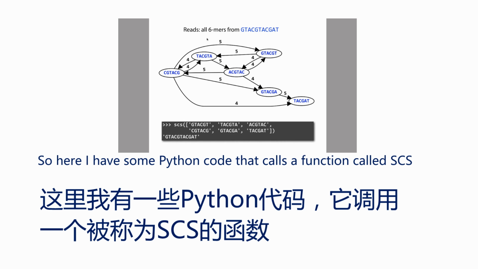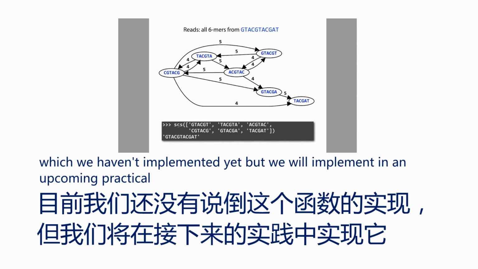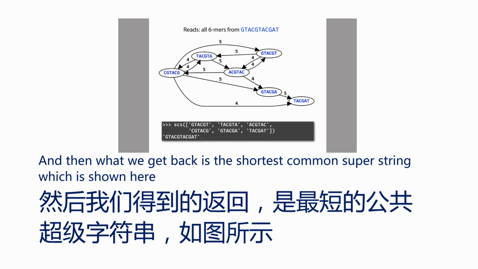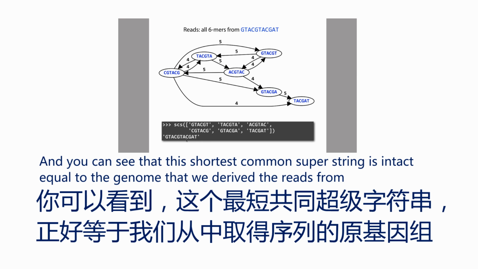Here I have some Python code that calls a function called SCS, which we haven't implemented yet, but we will implement in an upcoming practical. We pass in a Python list of strings, and those strings are the read sequences. Then what we get back is the shortest common superstring, which is shown here. You can see that this shortest common superstring is, in fact, equal to the genome that we derived the reads from.